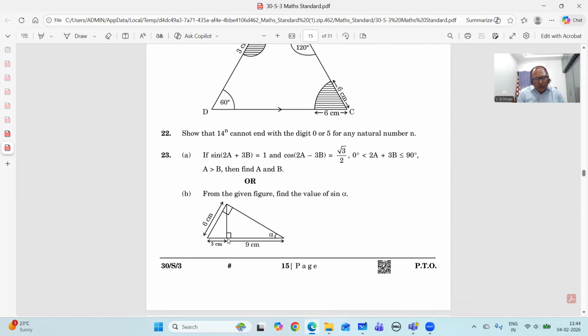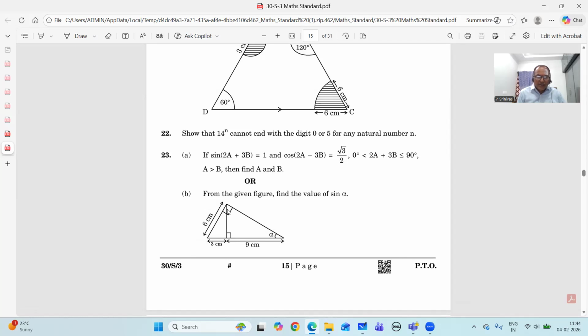Now we know DC is 9 centimeters, and from the larger triangle ABC we obtain the length of this side AC. For the small triangle, this side becomes the hypotenuse because it is opposite the right angle. So in this small triangle, the hypotenuse is known and this side is known.